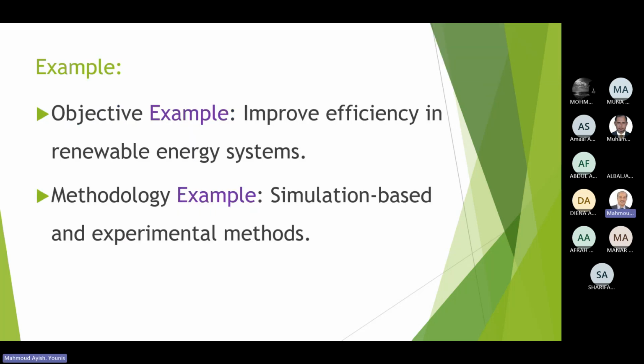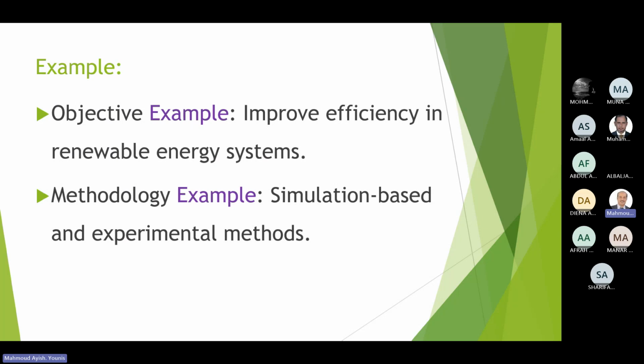Let us look at these examples. One example objective will be improving efficiency in renewable energy systems. I am picking this topic because it's understood by both mechanical and electrical engineers. So if I want to make an objective on renewable energy systems, I can make the objective as improving efficiency in renewable energy systems. That's my objective.